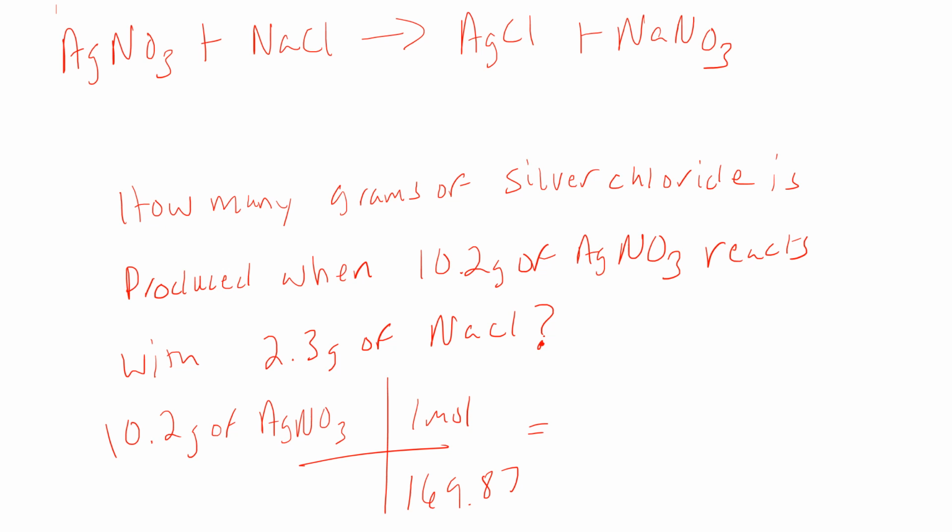This will give me 0.060. Now, if we're looking at significant digits, remember the lowest one in this case is 3, so we could do another 0, because these are what's significant. And this is 0.060 moles of AgNO3.